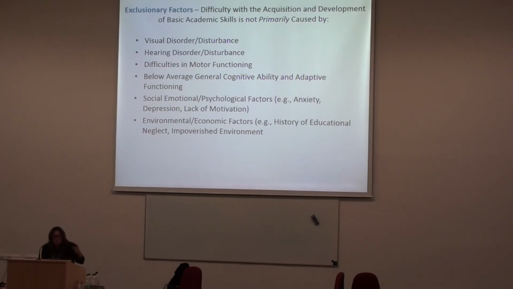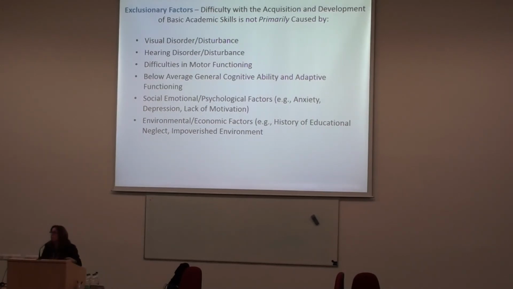So for example, visual difficulties, hearing difficulties, motor difficulties, below average general cognitive ability or below average adaptive functioning, social, emotional, psychological factors, environmental factors. If we identify any one of these as the primary cause of the learning difficulties, then that rules out specific learning disability, and we focus on the primary cause.